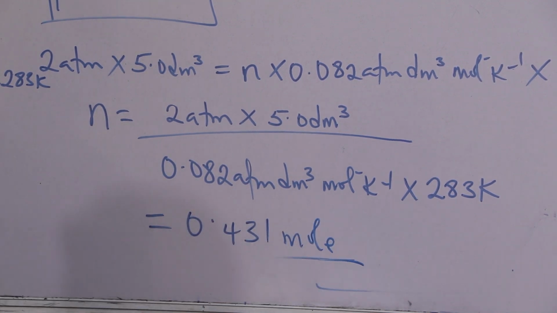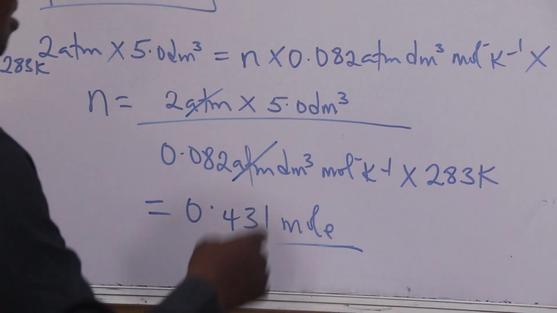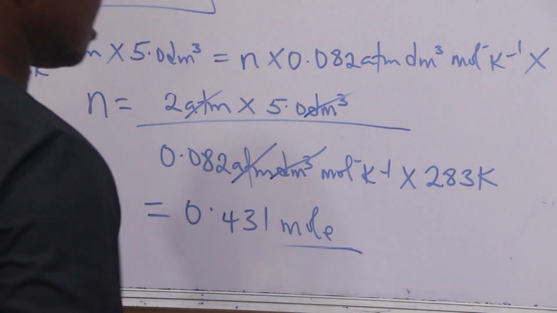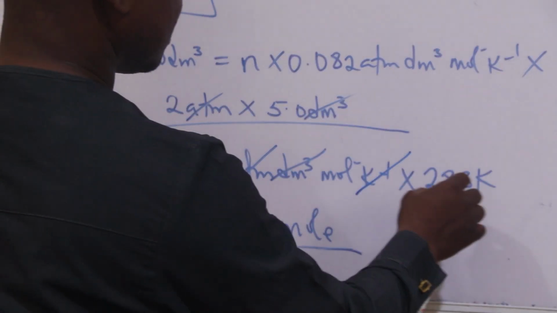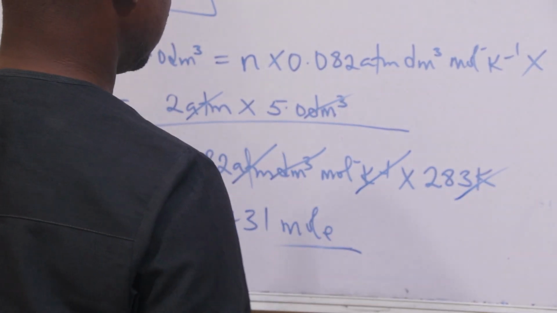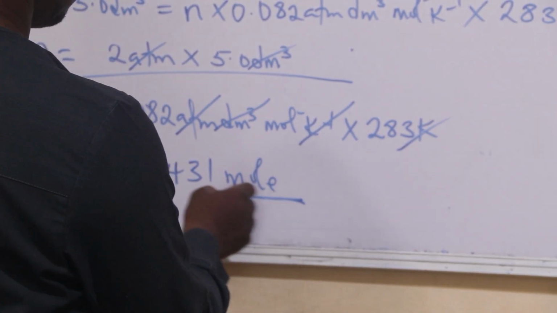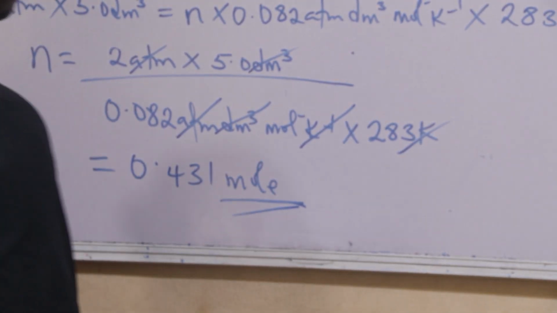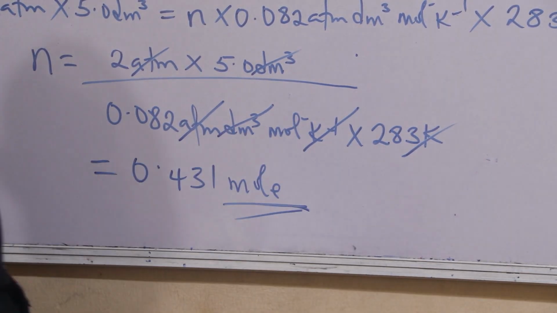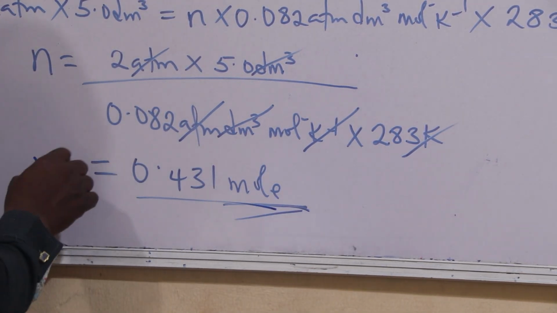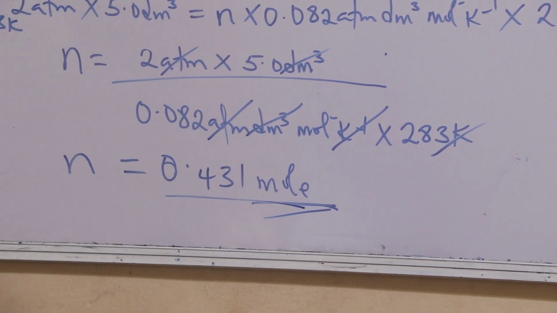Let's check our units. The atm cancels atm, dm³ cancels dm³, and Kelvin cancels Kelvin. The per mole in the denominator becomes moles, so our final answer n is in moles. Did you get that?